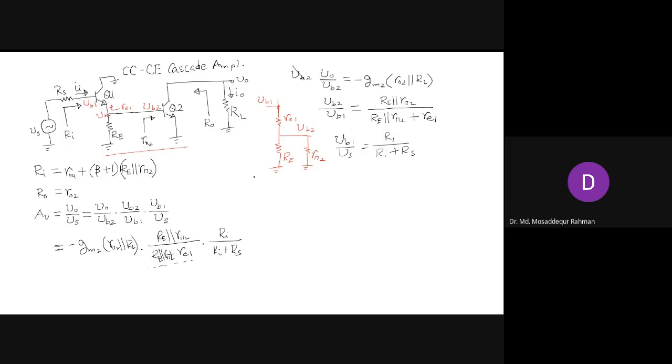Now the current gain, what will be the current gain? Current gain expressed as I naught by II. Now we can break it down into a number of factors. Let's see what we can do here.